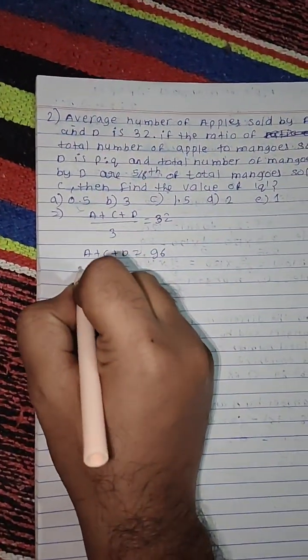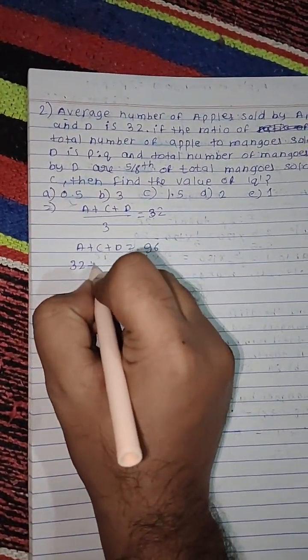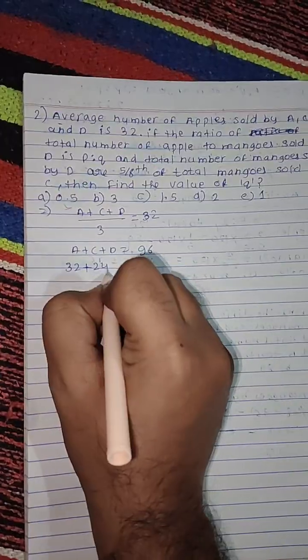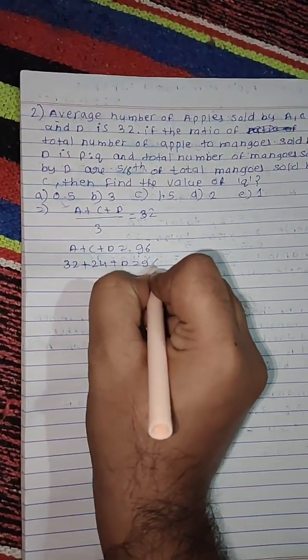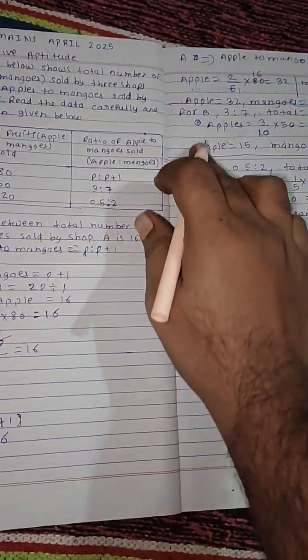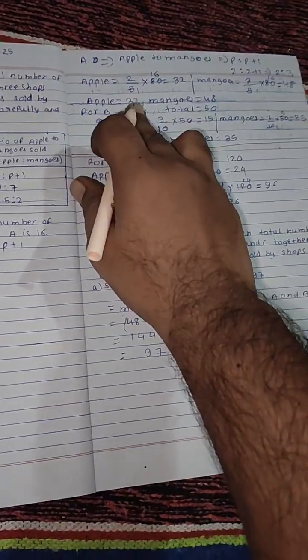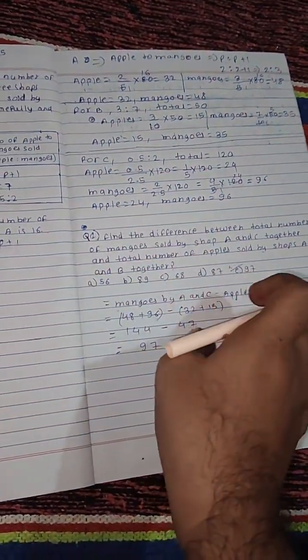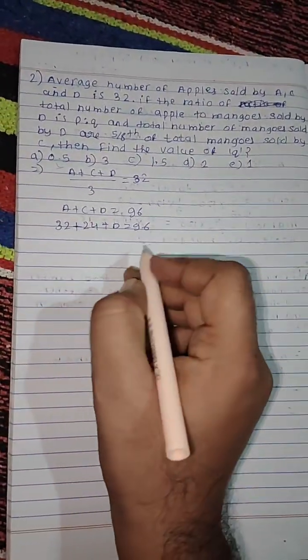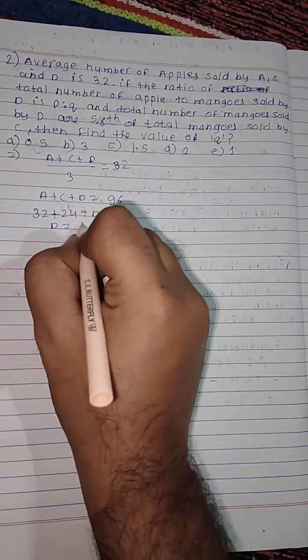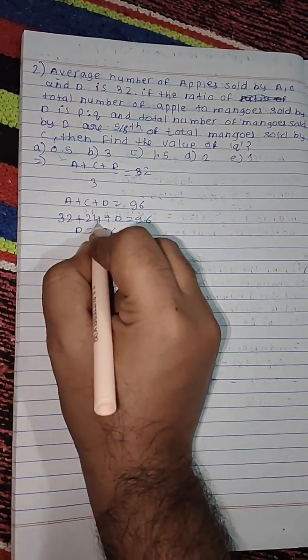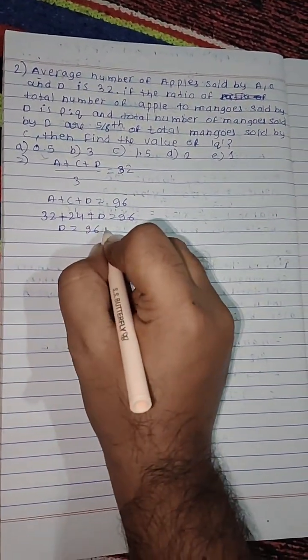So we can write 96 minus the sum of 32 plus 24, which is 56.